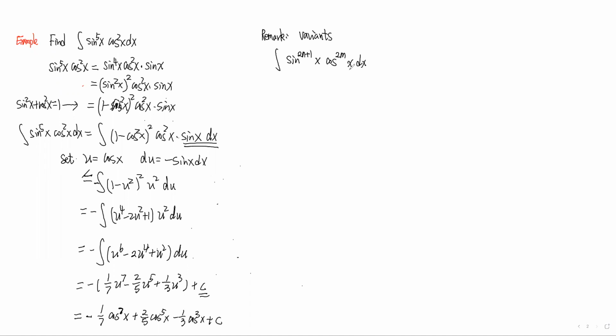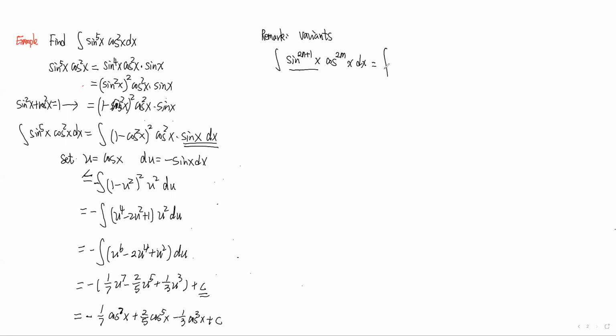This means that for one function, sine x or cosine x, the power is odd. For the other one, the power is even. The method is the same as the previous one.